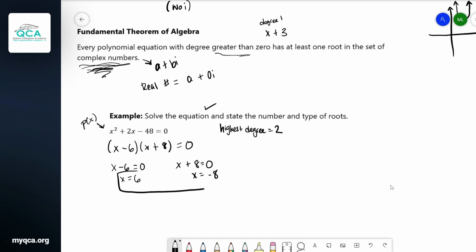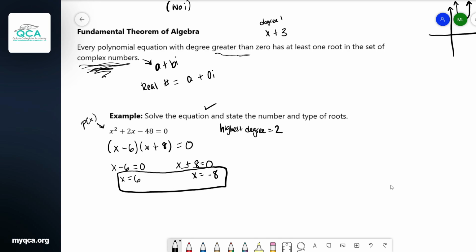These are my two roots, because when you set it equal to 0, it's a root. It's the solution to whenever the equation is equal to 0. It's the x-intercept if they are real. And we also call them zeros.